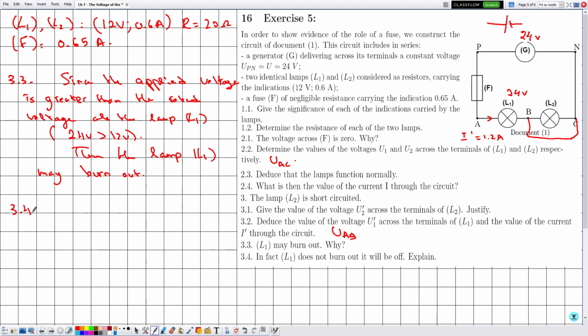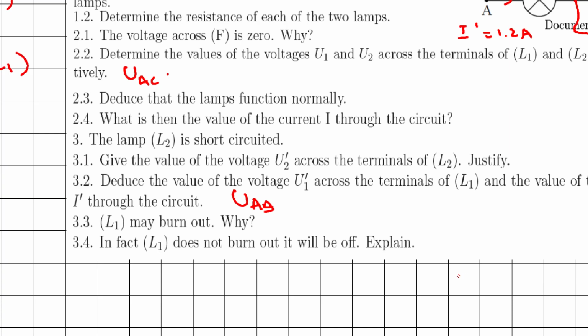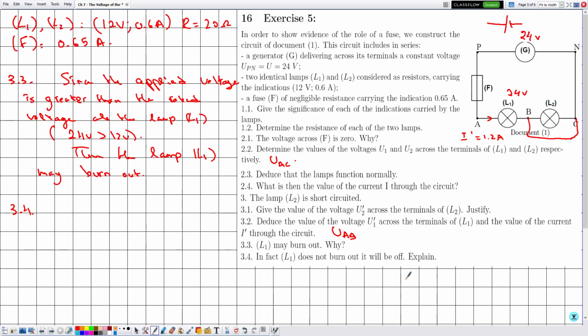Now in 3.4 they are telling us, so may refers to the probability of the lamp L1 that it will burn out. Now the fact that L1 doesn't burn out needs to be explained, and this usually happens due to the presence of the fuse in the electric circuit.